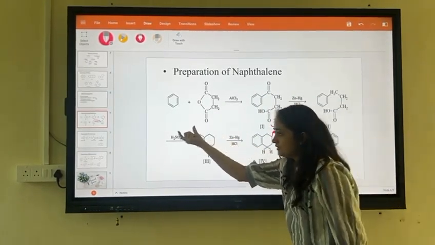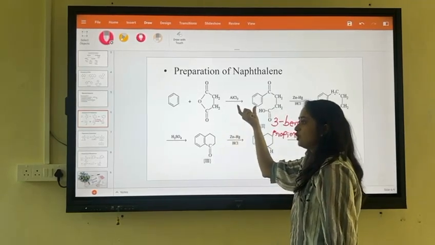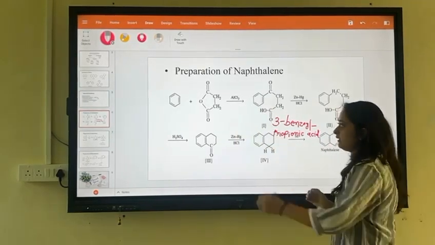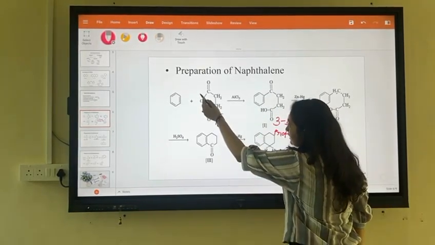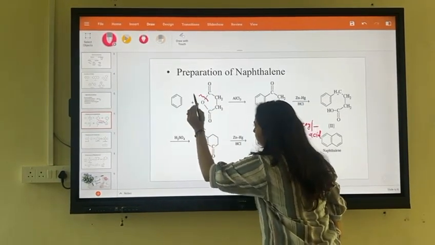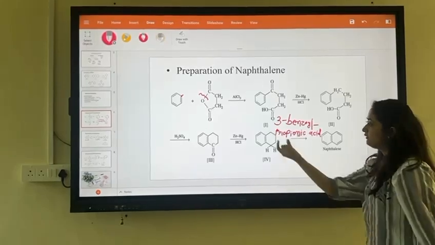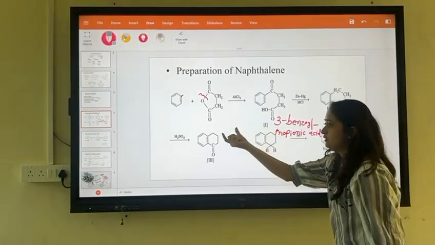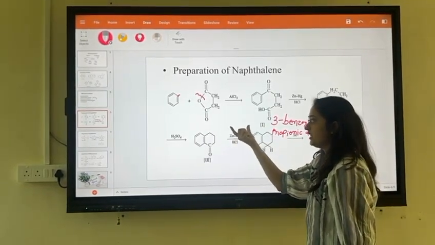Benzene and succinic anhydride react in the presence of AlCl3, which is the Friedel-Crafts acylation reaction. In the acylation reaction, the acyl group is attached to the benzene ring, which gives our first intermediate after step 1.